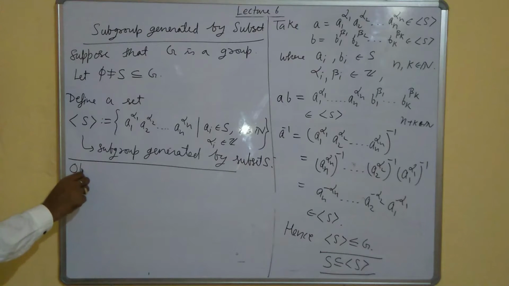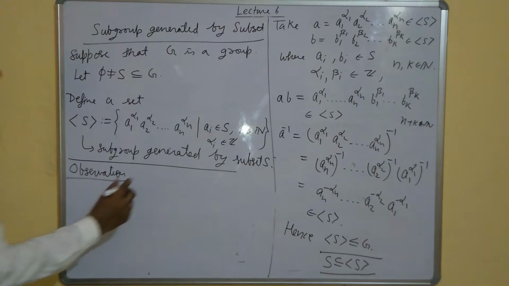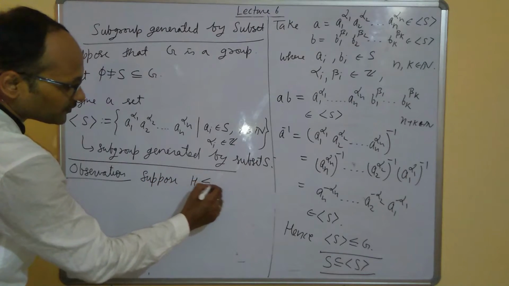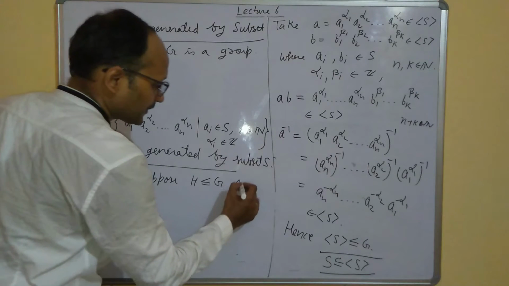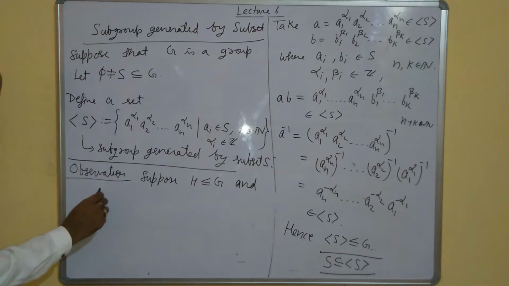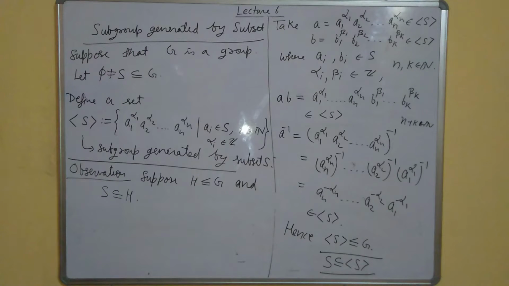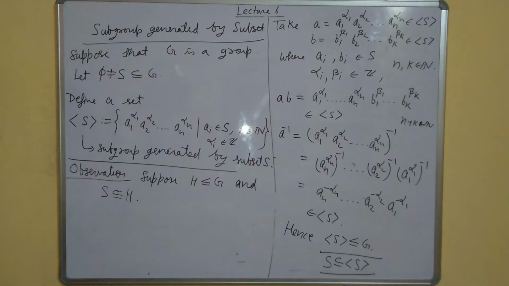One simple observation is here. Suppose H is a subgroup of a group G, and S is contained in H. If S is contained in H, then what will happen?